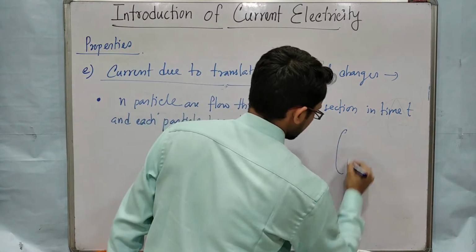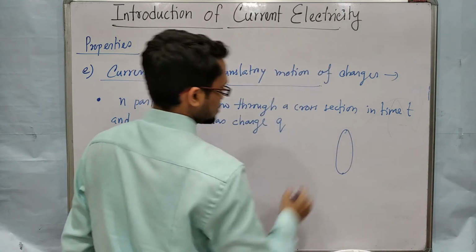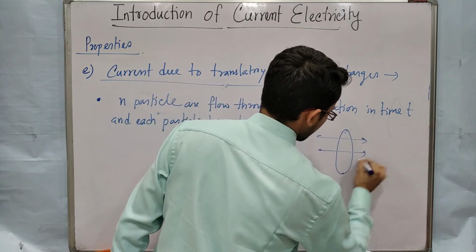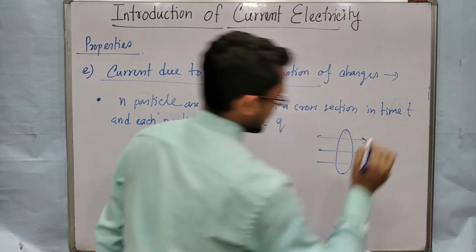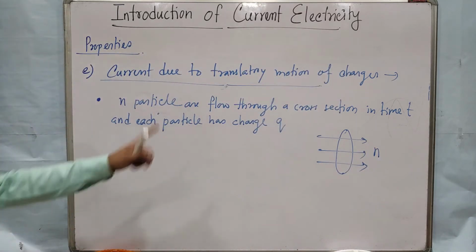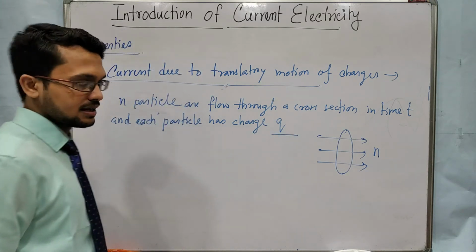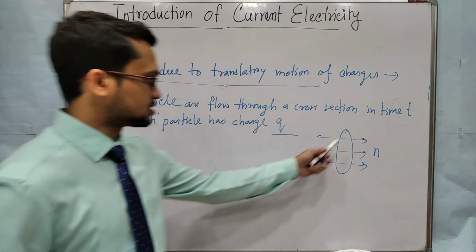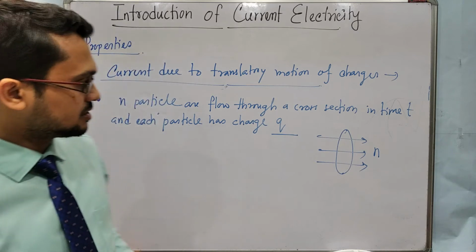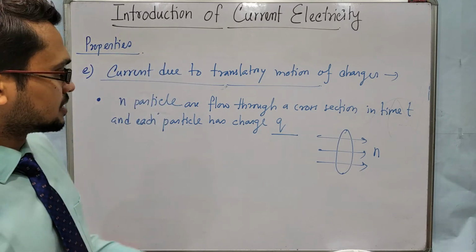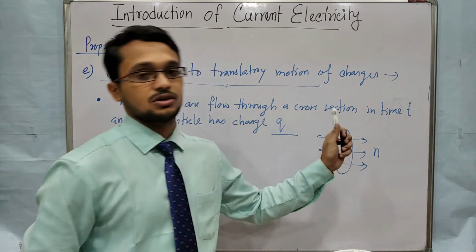Suppose this is one cross sectional area. Through this cross sectional area, n particles are flowing in time t, and each particle has charge q. So what will be the current through this area? First you have to find the amount of charge flowing through this cross section.